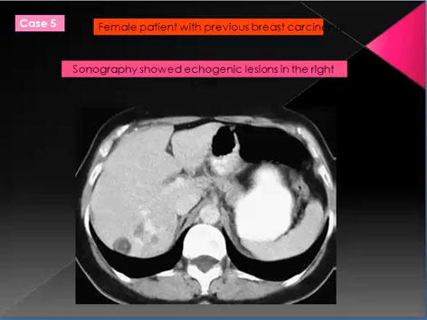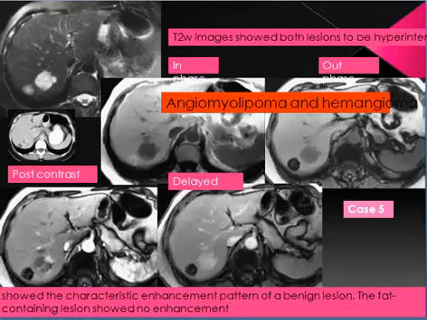Case 5, female patient with previous breast carcinoma. Sonography shows an echogenic lesion in the right lobe. T2 weighted images show both lesions are hyperintense.